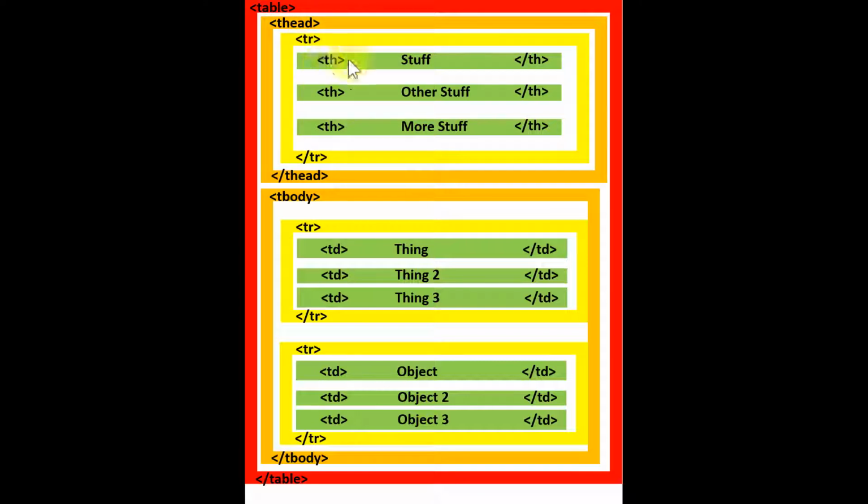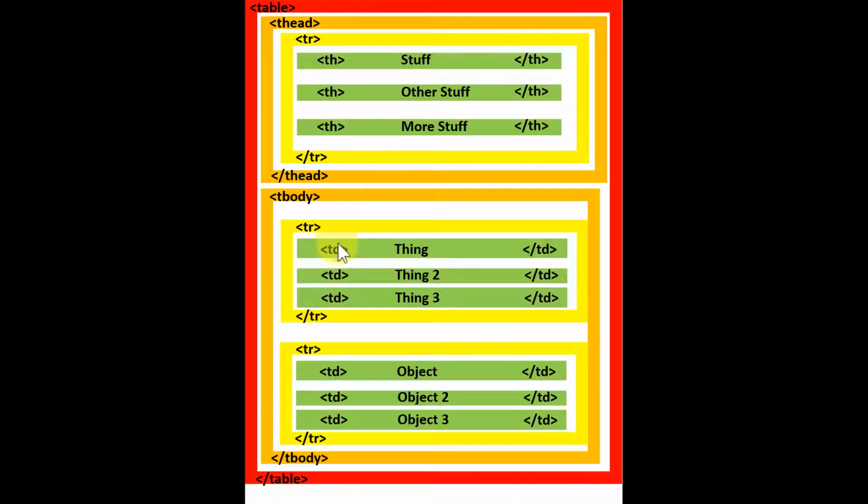Then inside of my table row, I have a TH and a closing TH, and I have multiple of those for each item that I want to go side to side. The TH is for table header, and I just need one of these in the head area. Then I can have as many TR sections as I want, for as long as I want my table body to keep going down.